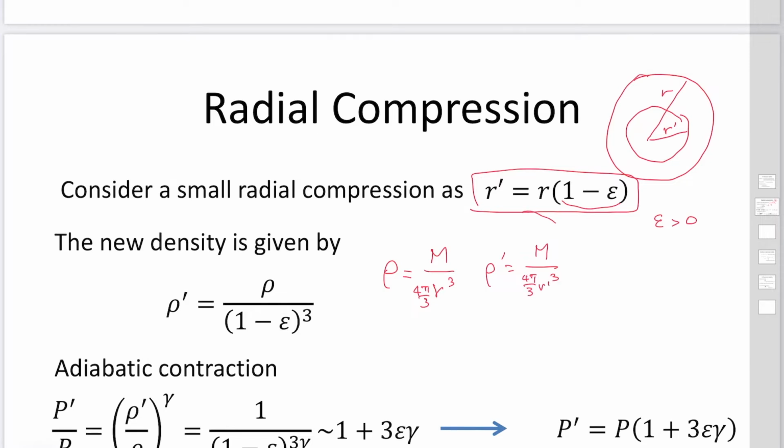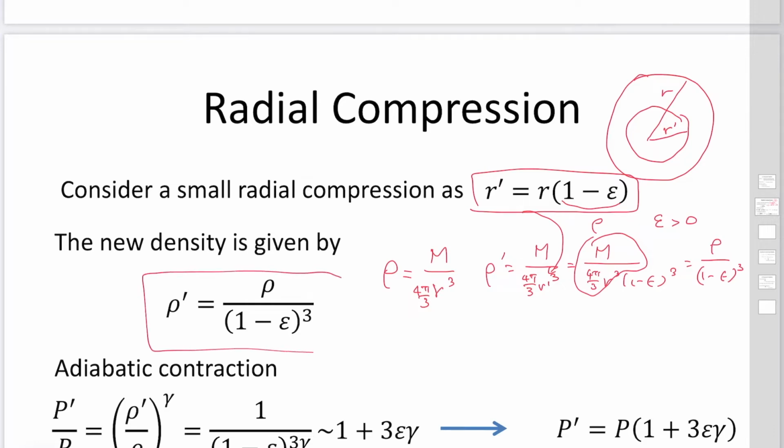You can substitute r prime here, so it becomes m over 4 pi over 3 r cubed times 1 minus epsilon cubed. This part is equal to rho, so it becomes rho over 1 minus epsilon cubed. This is the relation between rho prime and rho that I have explained.